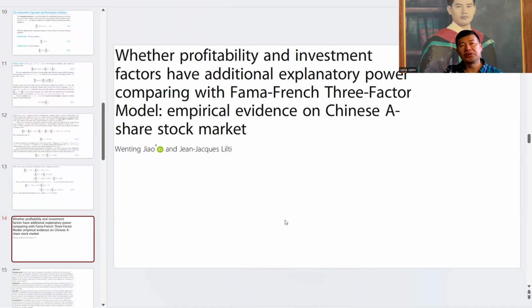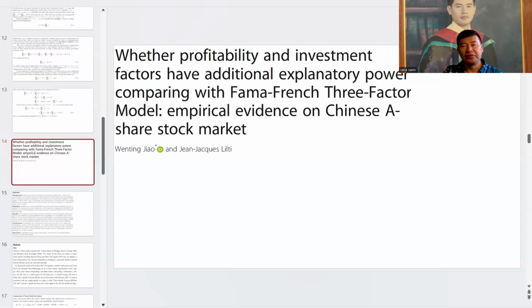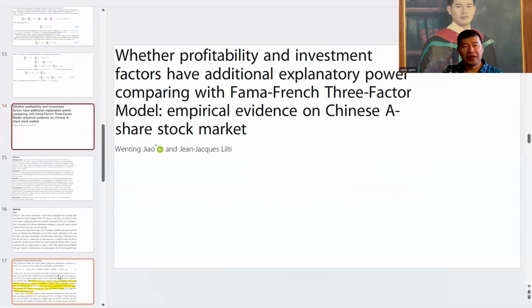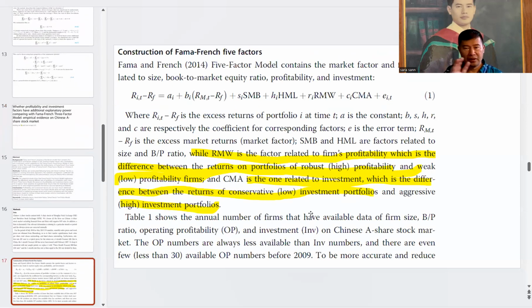Now let's go to the topic. What we are talking about today is the five-factor model. For the five-factor model, we see the equation over here and focus on the equation and the result.